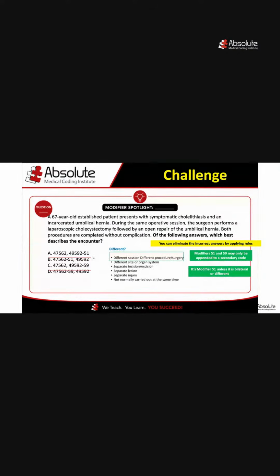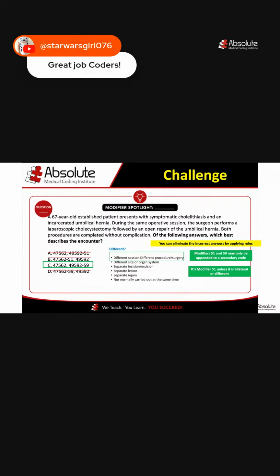So I can get rid of A and I'm going to use C, because modifier 59 says it's different. And somebody else says here, one is the biliary tract and the other one is the abdomen. Correct.